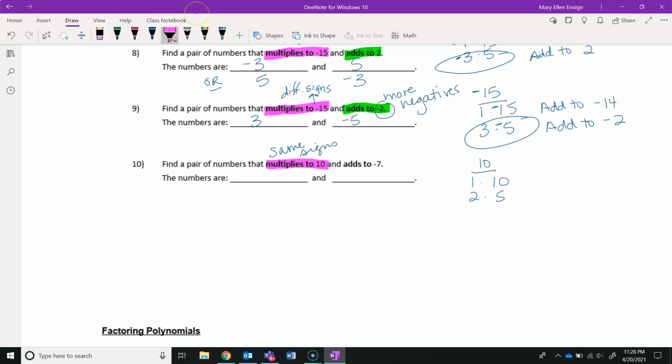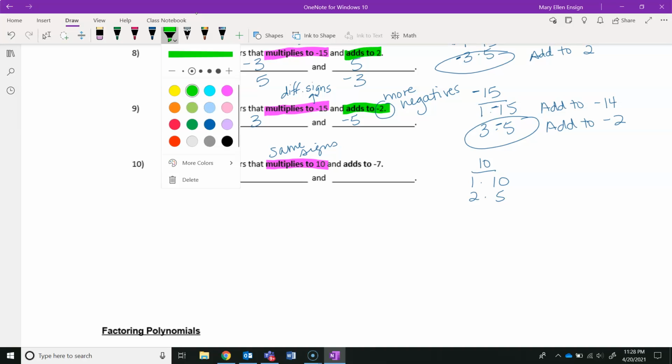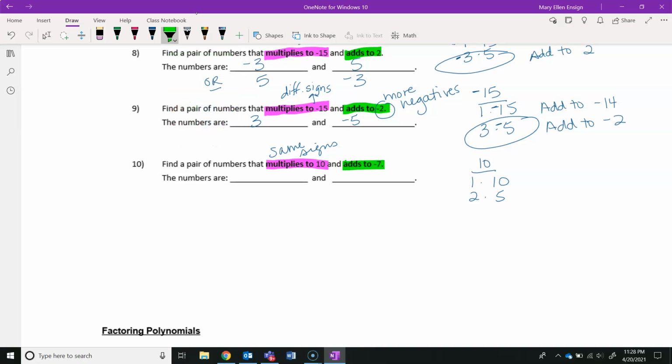When it adds to -7, this tells me they have the same signs. I could have two positives or two negatives. Well, if I had two positive numbers, if I add two positive numbers, I will never get a negative. So this tells me that they must both be negative.